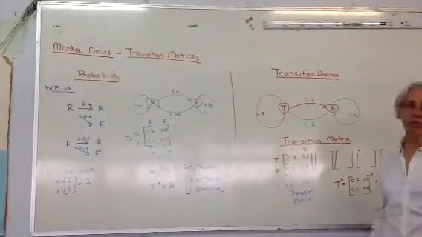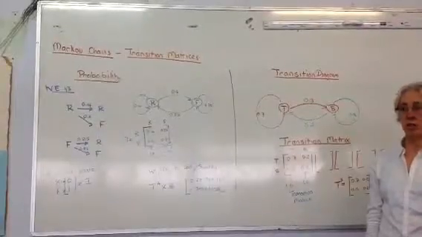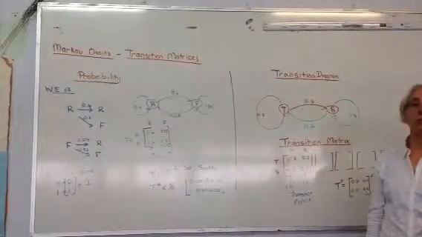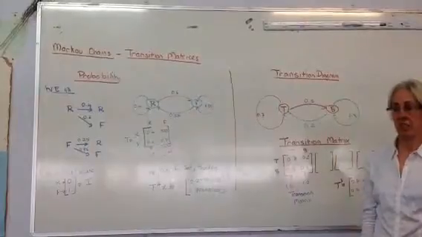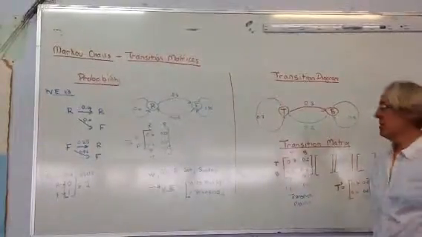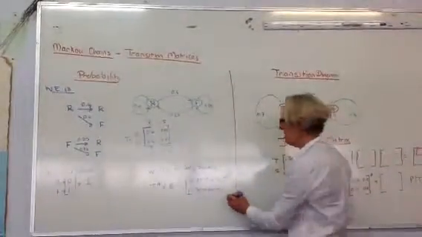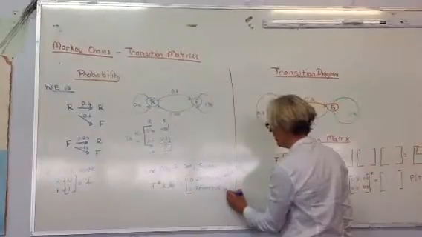What do you notice that those two decimals add up to? What a surprise. We would be surprised if they didn't add up to 1. So this is the chance that it's raining on Sunday. This is the probability that it's not raining on Sunday.